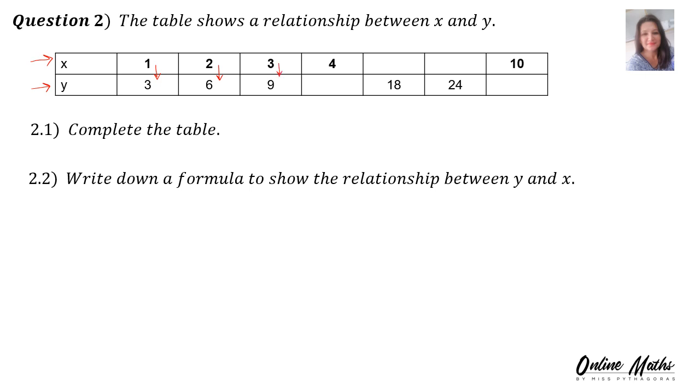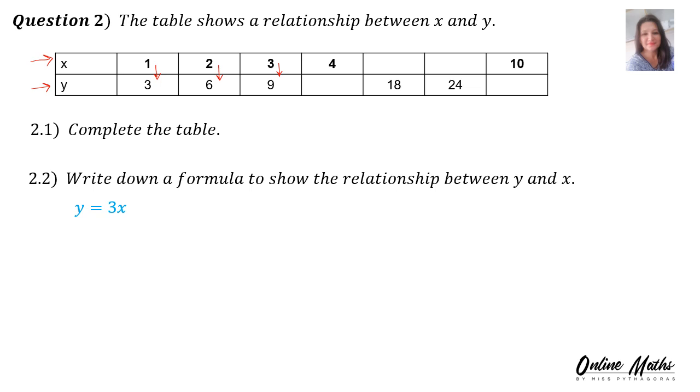So it looks as if every input value, every x value was multiplied by 3. And now that answers our question. The formula will be y is equal to 3x.